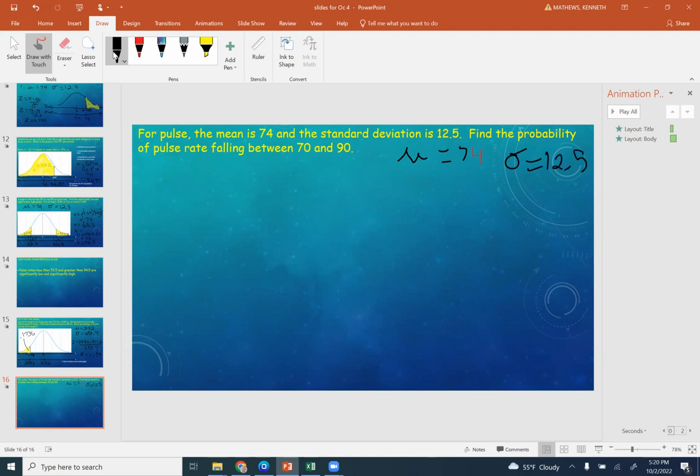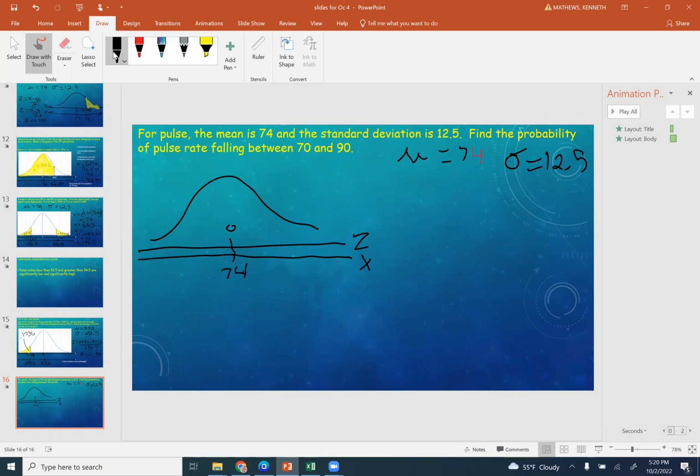All right, now let's make the graph. Okay. Here's our z-axis. Here's our x-axis. So my z values I'll put on top, my x values below. So right here, I know is 0. That's the mean. And down below would be 74.